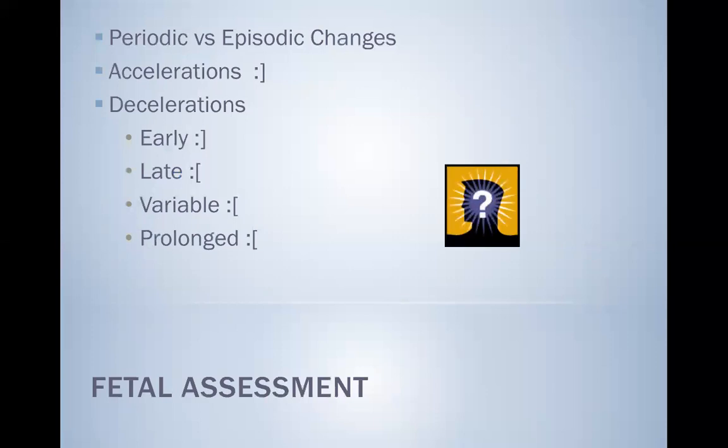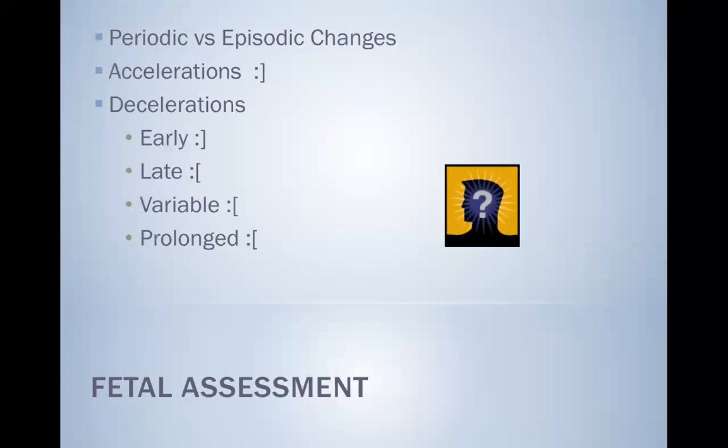So a late and an early are always going to be periodic changes. We could have an episodic variable, episodic acceleration, or episodic prolonged deceleration as well. But those could all be periodic as well, again, due to the contraction. So late and early must be periodic, and everything else can be periodic or episodic.